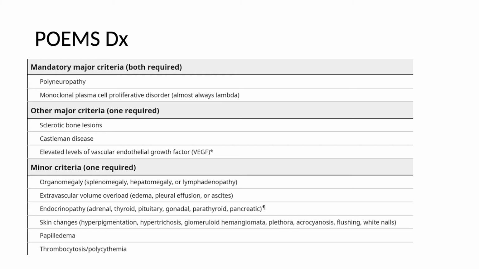Endocrinopathy in POEM syndrome excludes diabetes, and it's usually adrenal, pituitary, gonadal, or parathyroid. Skin changes are commonly seen in this syndrome, which is usually with hyperpigmentation, hypertrichosis, and plethora, acrocyanosis, and flushing. Papilledema sometimes is seen, thrombocytosis and polycythemia are also sometimes seen.